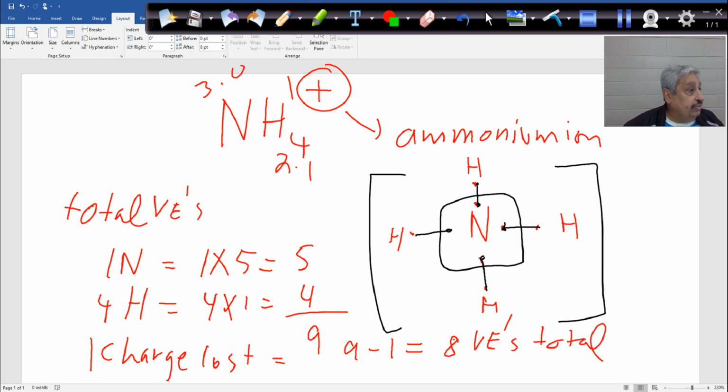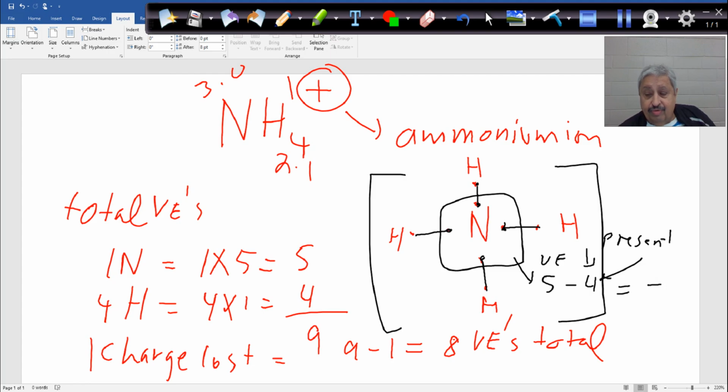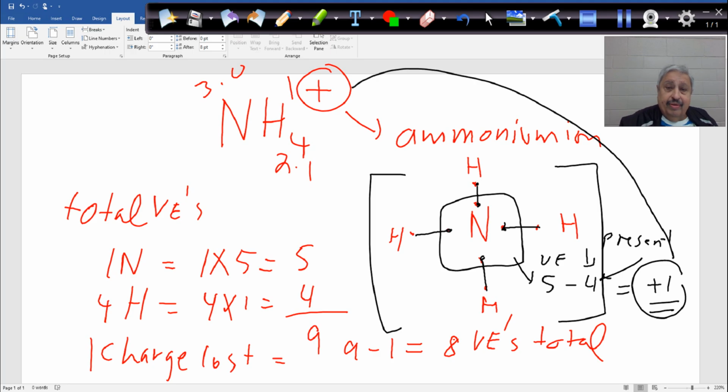Nitrogen has 5 VEs, but the present is 4. 5 minus 4 is plus 1. And this plus 1 will appear as a charge. Correct, guys? Everybody's following?